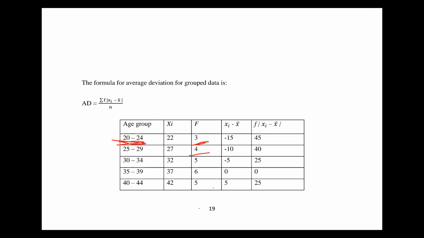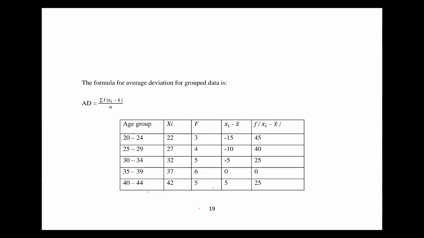And the people between 30 and 34 were, 35, isn't it? Oh, sorry, just 5. And those between 40 and 44 were just 5 again. Okay, that's how we find the frequencies.